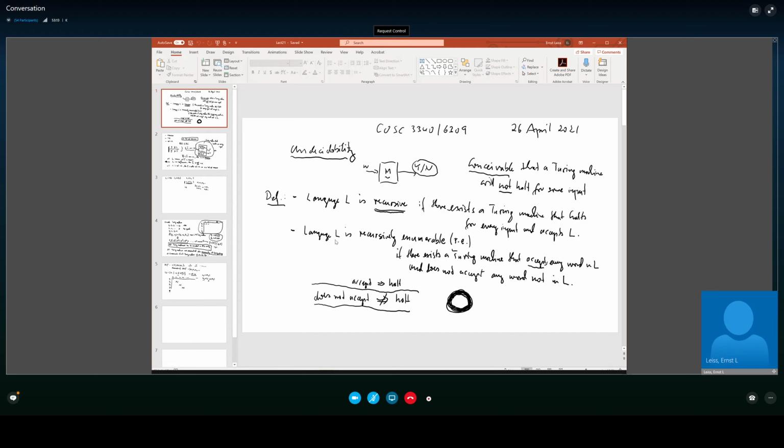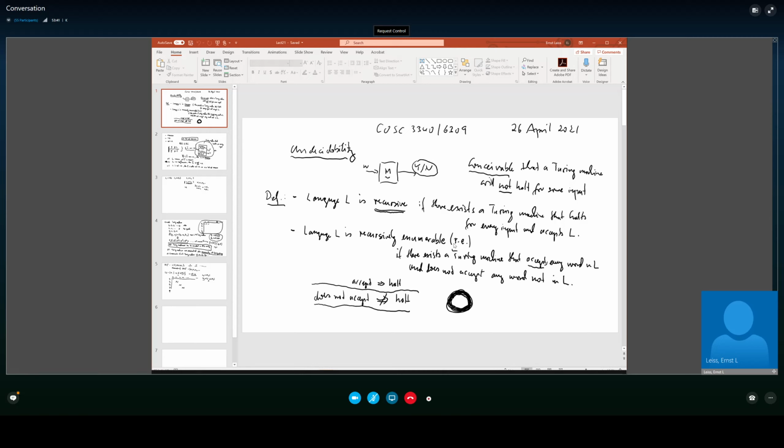Obviously, if we have a language L and we have a Turing machine for it, it is tacitly understood that it will accept that language, which basically means it accepts every word in L and nothing else. And if that Turing machine halts for every input, then that establishes that the language L is recursive.